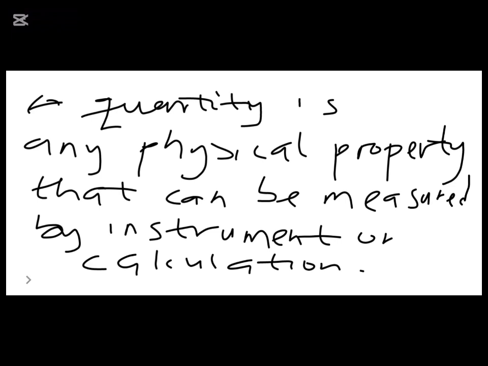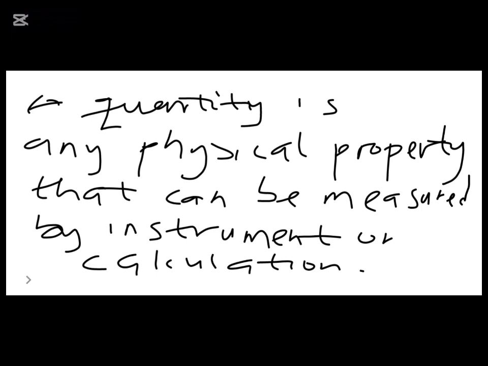So let me take it again. A quantity is any physical property that can be measured either by instrument or calculation. So what this is saying is that you either find the quantities by calculating them using appropriate equations or by using instruments. So let's look at the types of quantities that we have.